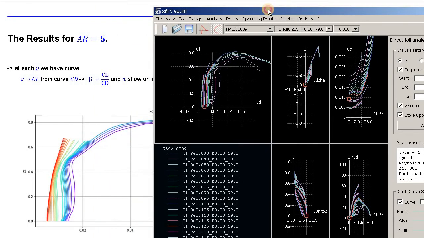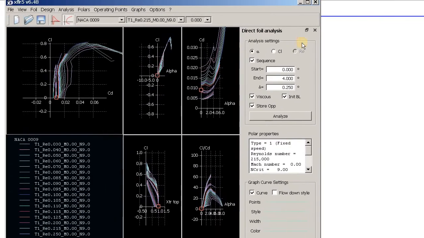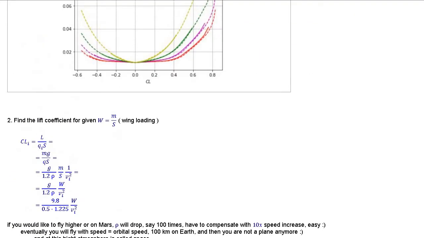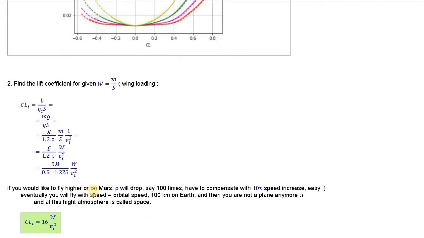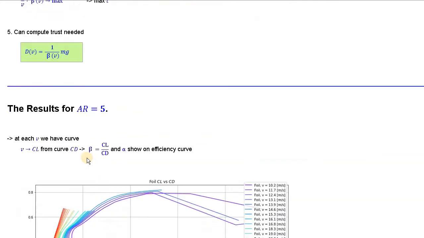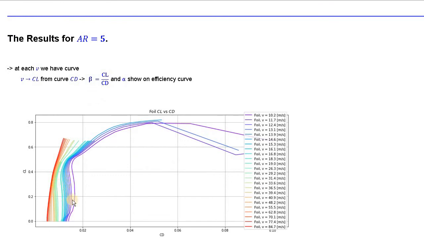One remark is about the range of the alphas. From that equation for the lift coefficient, we know that the lift coefficient is inversely proportional to the square of the speed of the airplane. So if you fly fast, let's say 70 meters per second, you don't need a high lift coefficient.